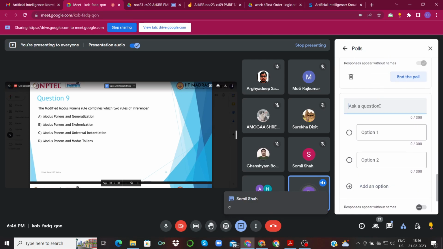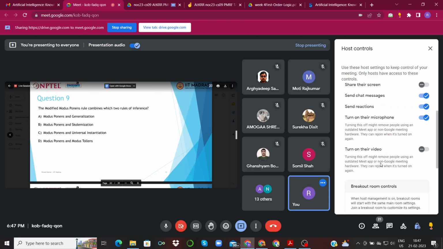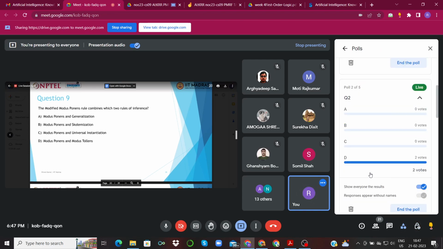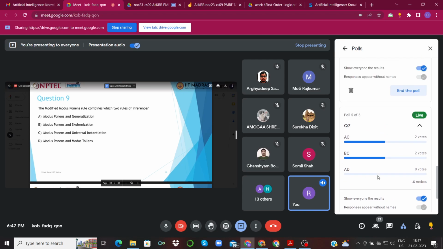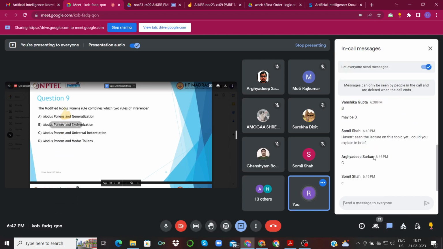Okay, we have a few answers already in the chat. Argadeep and Somil say that it's modus ponens and universal instantiation. Do others also agree? Okay, in that case, I'm not creating a poll because we just discussed it right now. Okay, we had another thumbs up.